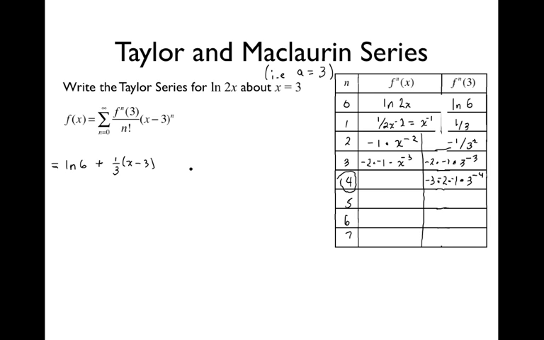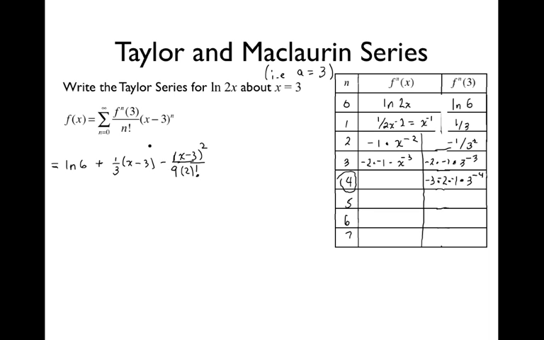Now n equals 2. So we're going to have negative 1/9 over 2 factorial. I put it up here, is that okay? x minus 3 squared to save room.